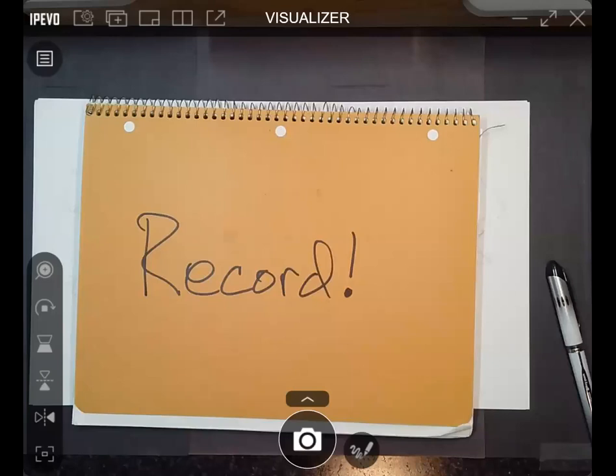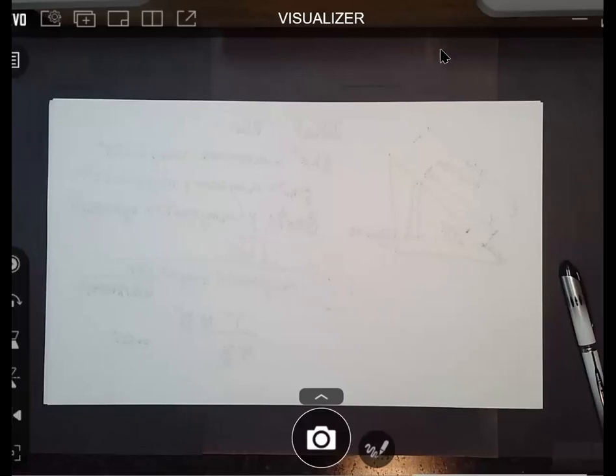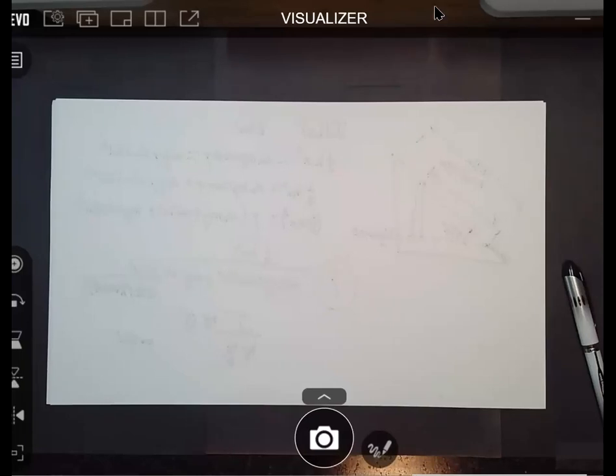Okay, I think I can restart this. Resume sharing. I think we should be recording, I hope. I don't know how to get rid of that other stuff that's showing up here. It doesn't seem to want to go away.